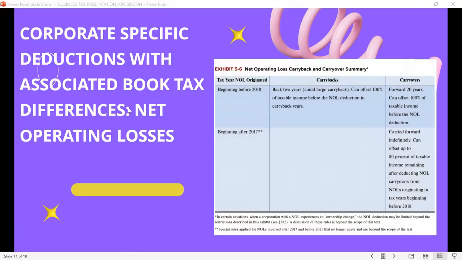For companies that aren't consistently profitable for tax purposes, the tax law allows that they report deductions in excess of gross income in a particular year and carry over the excess deductions to reduce taxable income and taxes payable in years when gross income exceeds deductions.